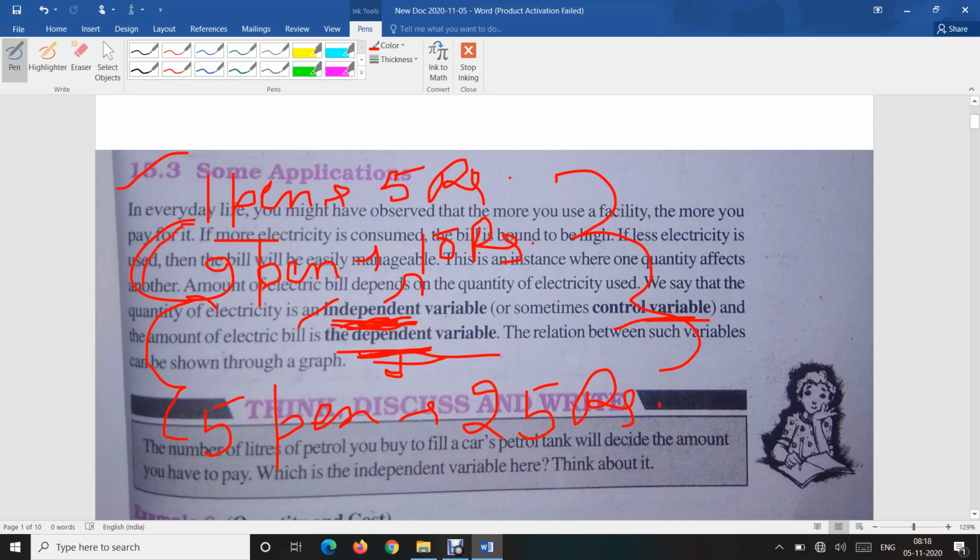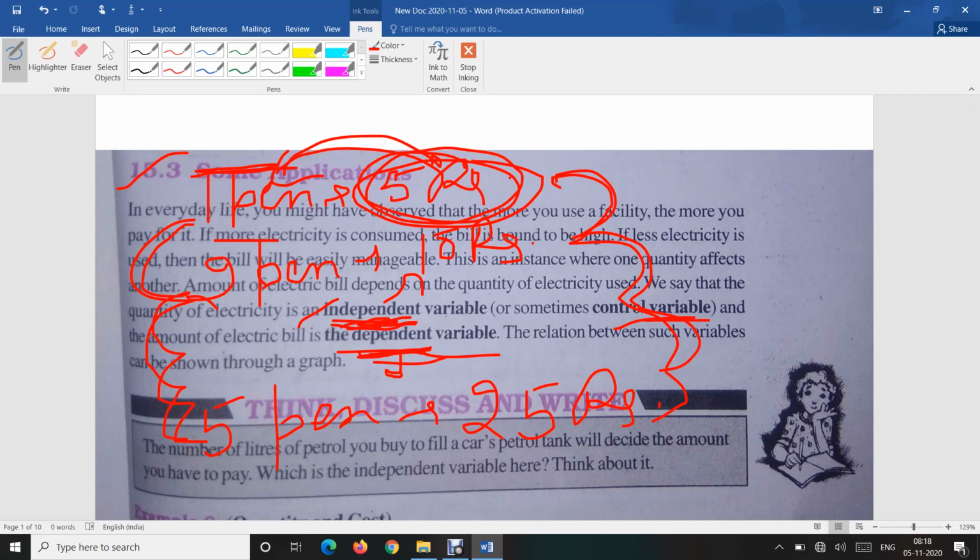So where the quantity is increasing, on the other side the price is also increasing. That means the price of any article depends on the quantity of that article. If there was one pen, cost was 5 rupees.